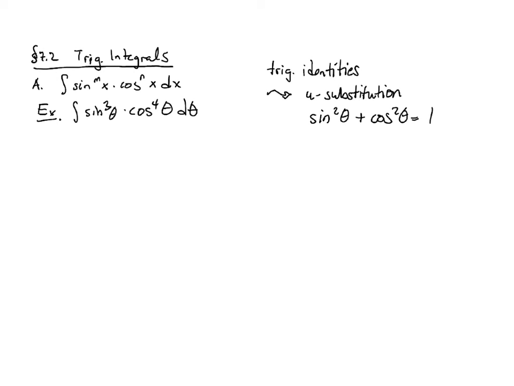In this case, we'll use that as sine squared theta equals 1 minus cosine squared theta. So we rewrite this integral as, we're going to split that sine cubed theta up into a sine theta times sine squared theta, and then we've got that cosine to the fourth theta and our d theta.